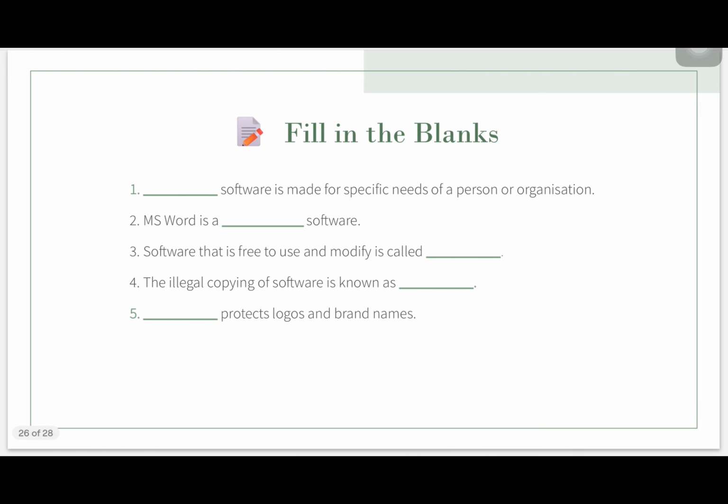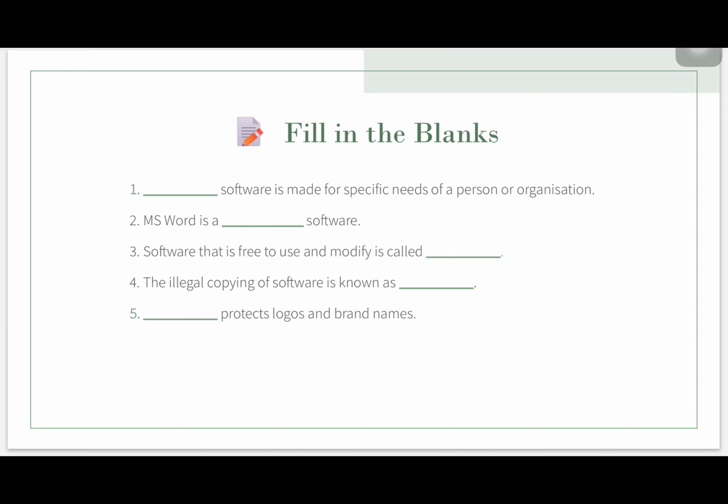Now fill in the blanks. That software is used for specific need of a person or program. Specific need means what? Customized software, correct? These are customized software. MS Word is general purpose software, correct?